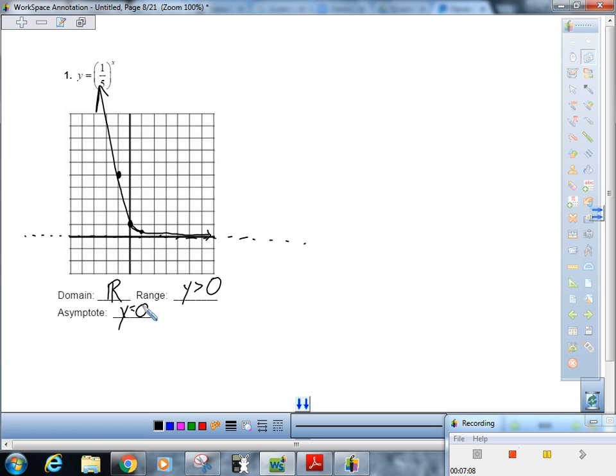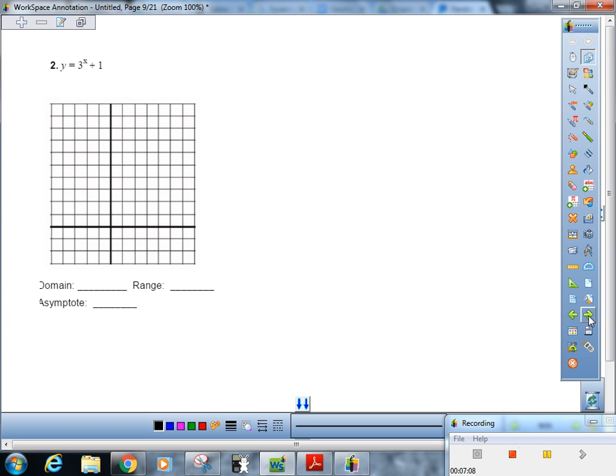All right, we'll do one more. We're going to do number 2. Once again, you would put this in your calculator, and you would get that 0, 2 is on your table. And you would get that 1, 4 is on your table. And then 2, 10 is on your table.